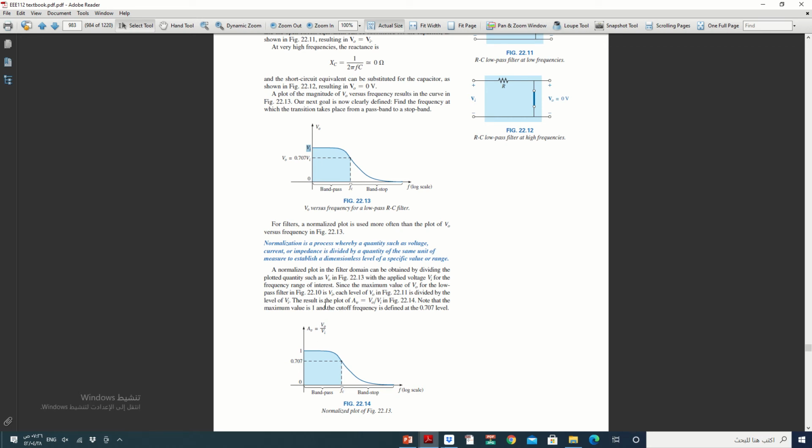This figure is similar to figure 22.13, but in 22.14 we divide V output over V input. At zero frequency you will get 1, as 100%, and it will decrease, and at the cutoff frequency you will get 70.7%, or 0.707.